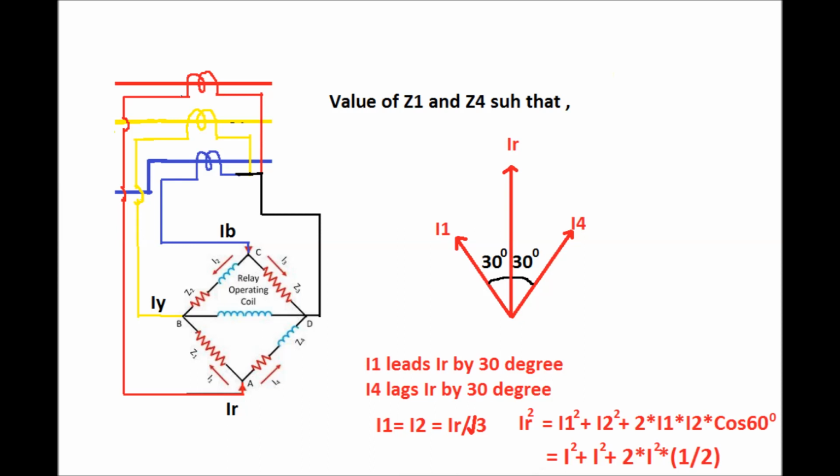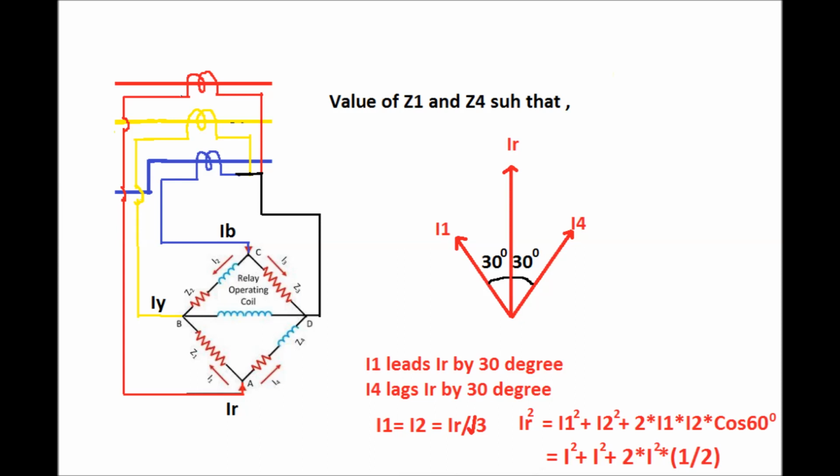Z1 and Z4 are the lower part of the impedance. Z1 is the resistive component of the impedance, and Z4 is a combination of resistance and inductance. The values of Z1 and Z4 are such that the IR current at point A divides into two components, I1 and I4, in the bridge circuit as shown in this diagram.